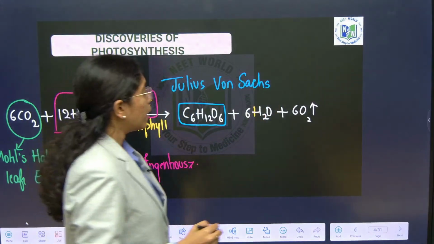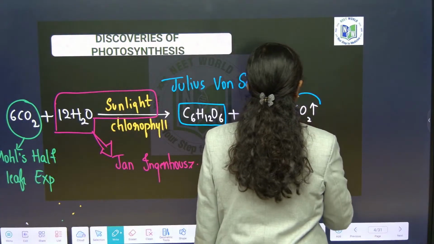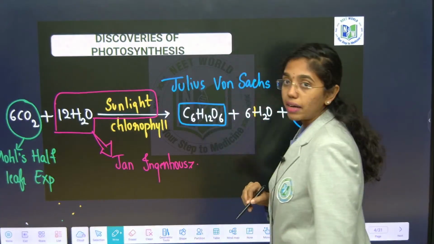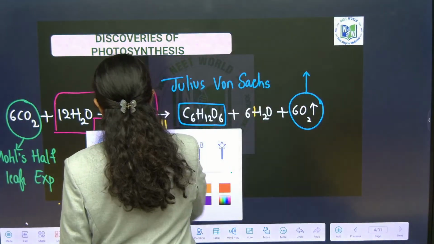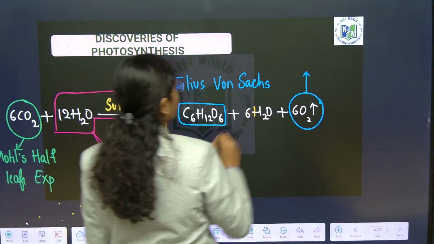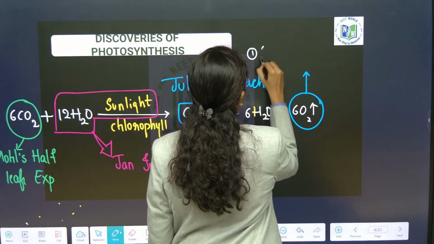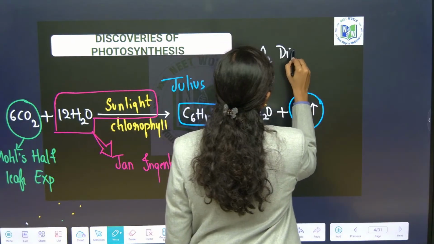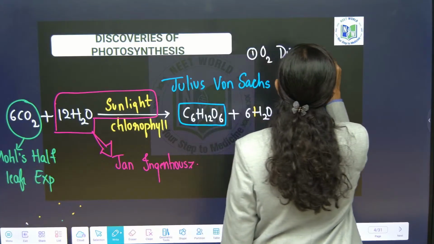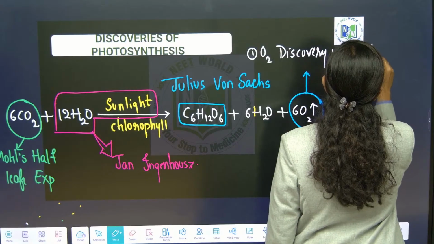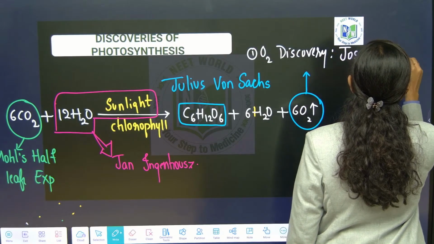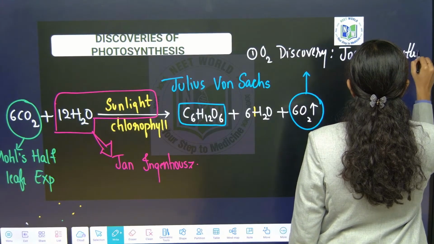Fine, right. Now when it comes to oxygen, three major discoveries you have to know. First one, oxygen discovery by Joseph Priestley, the bell jar experiment.